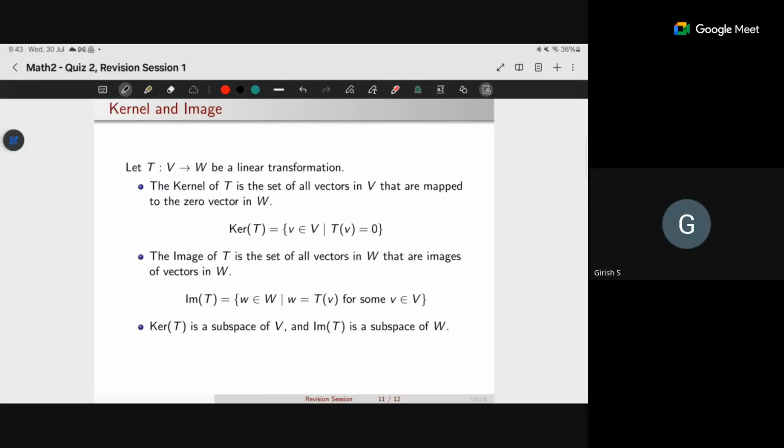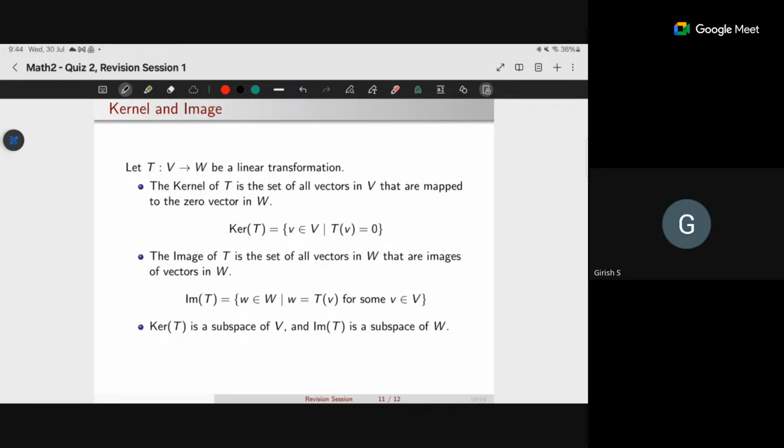First we gave an alternative notion of injectivity in the case of linear transformations, where we required that the pre-image of 0 is just 0, nothing more. At that time I did not say this, but if you collect the set of all pre-images of 0, that is what is called the kernel of the transformation. Every vector that is mapped to 0 is called the kernel. And that also you can check, it happens to be a subspace.